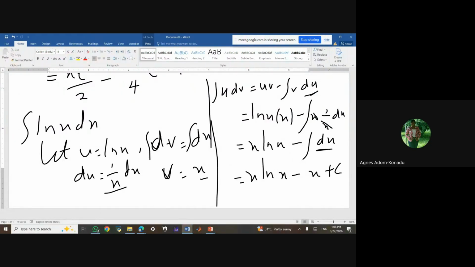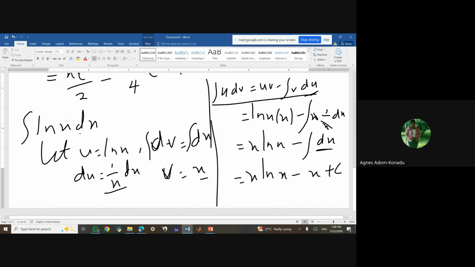Okay, so I think what you have to get first of all is the formula. The formula is u dv is equal to u times v minus integral of v du. So this means that the question will be given in the form of u dv. And Dorcas just told us that our question falls under the type 2a.